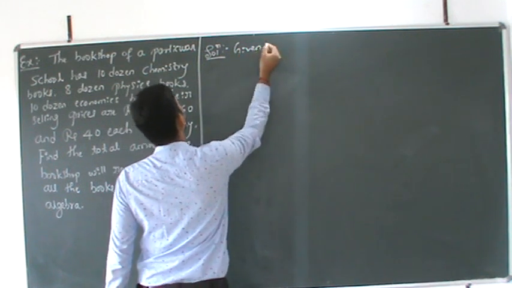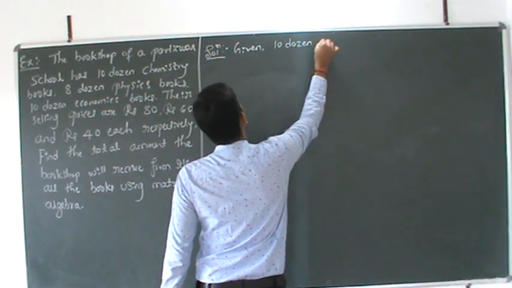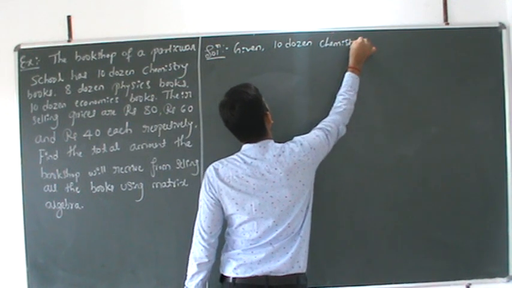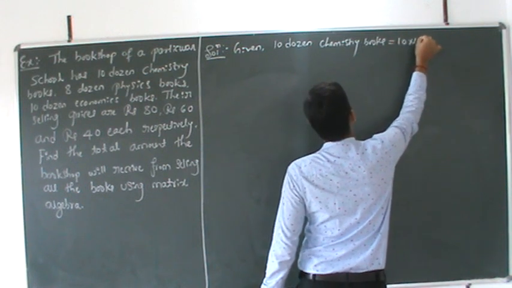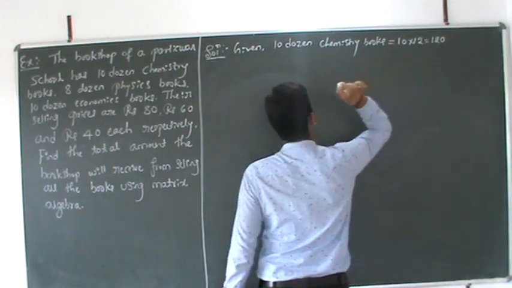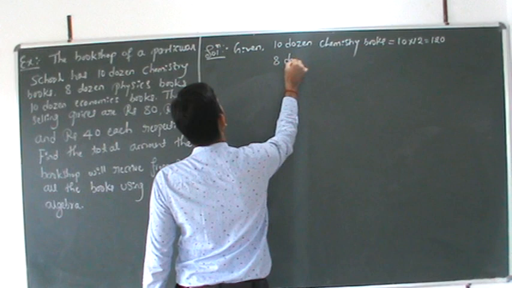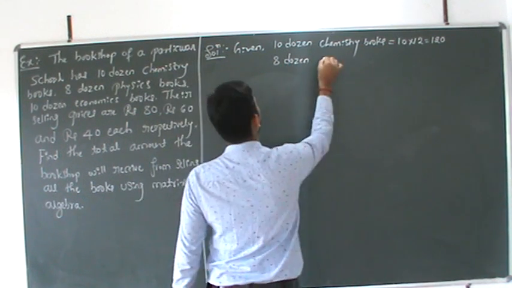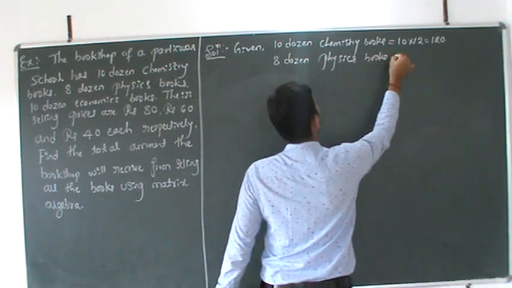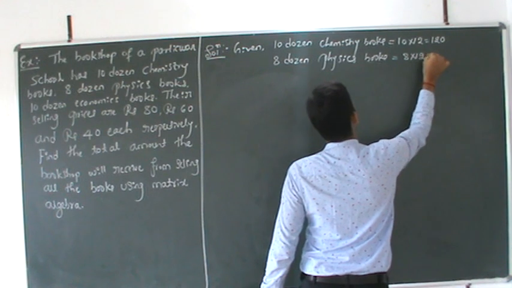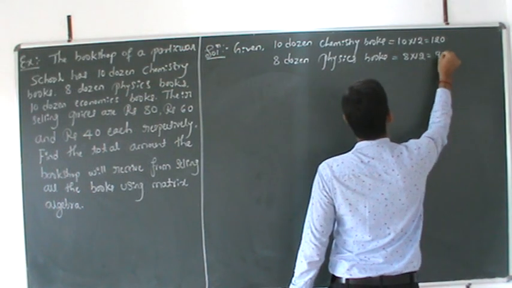Given: ten dozen chemistry books, which is equal to 10 into 12, which is equal to 120. After that, 8 dozen physics books, which is equal to 8 into 12, which is nothing but 96.